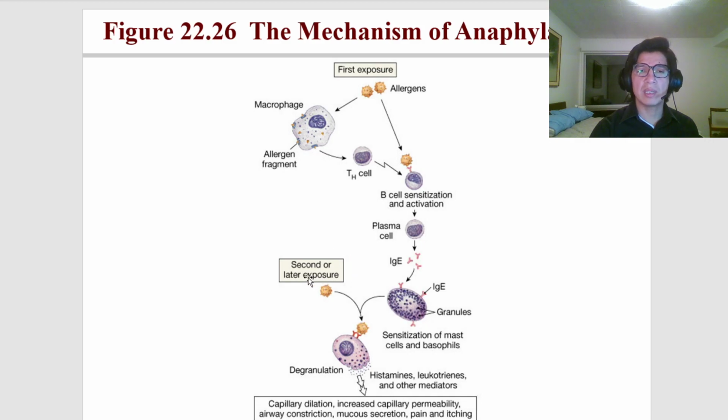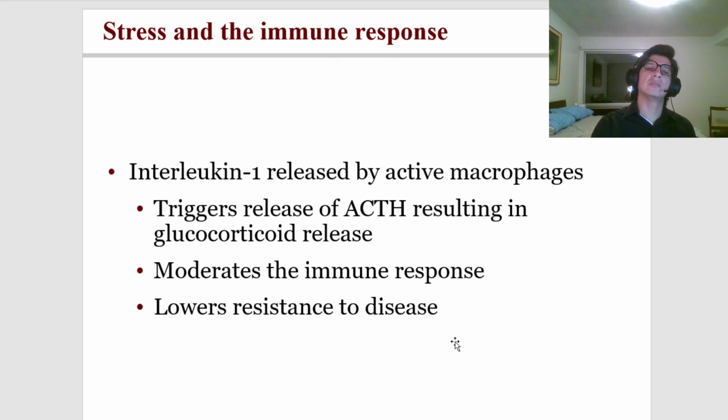The next time that there is an exposure, this antibody is going to bind to this particular antigen, and it's going to lead to the release of all of this histamine and other inflammatory mediators, and that's what you're going to get. Major sniffles over the spring and summer.